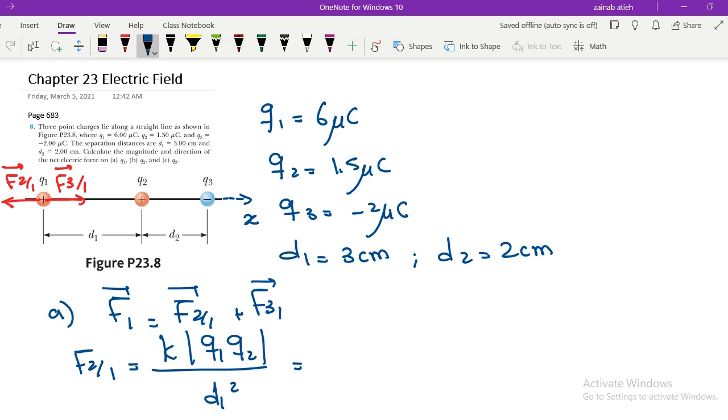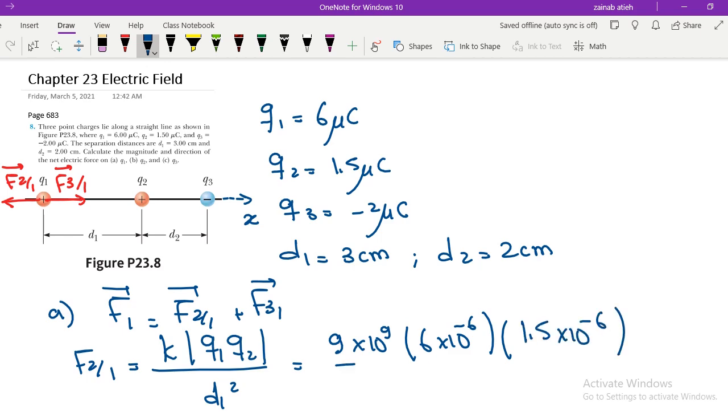Now I will substitute. It's 9 times 10 to the power 9, Q1 is 6 times 10 to the power minus 6, Q2 is 1.5 times 10 to the power minus 6, divided by D1, which is 3 centimeter, or 0.03, squared, and I get my answer, which is 90 Newton.